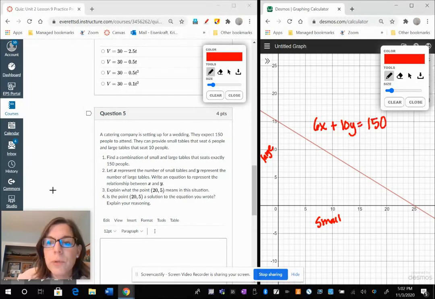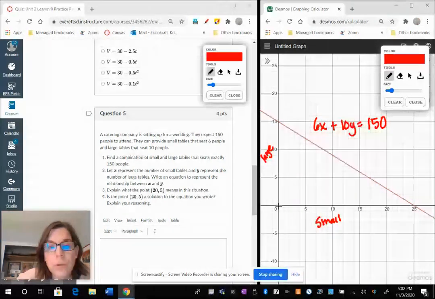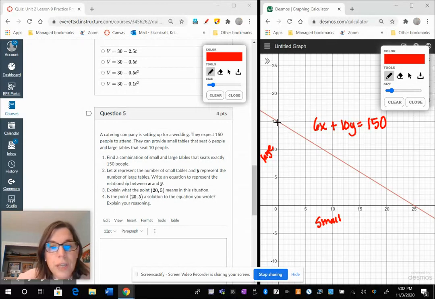I just jumped right into a line because it's way easier. Everything on the line is a solution, right? So you could do 25 small tables and no large. You could do 15 large tables and no small. And everything else on the line, because you can't have a fraction of a table. Everything that falls on a nice spot on the grid would be another combination that would work.